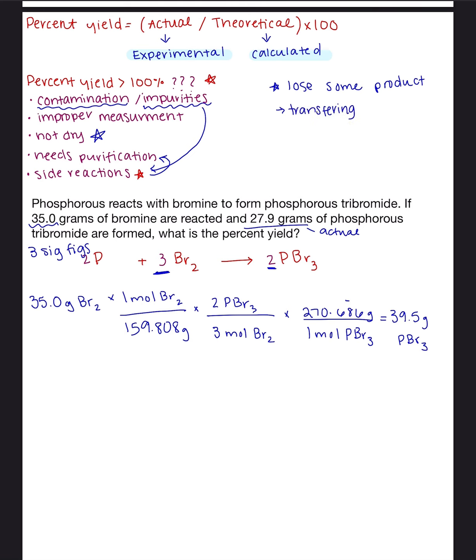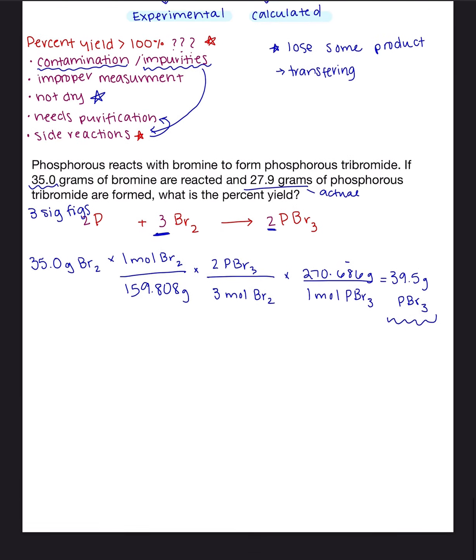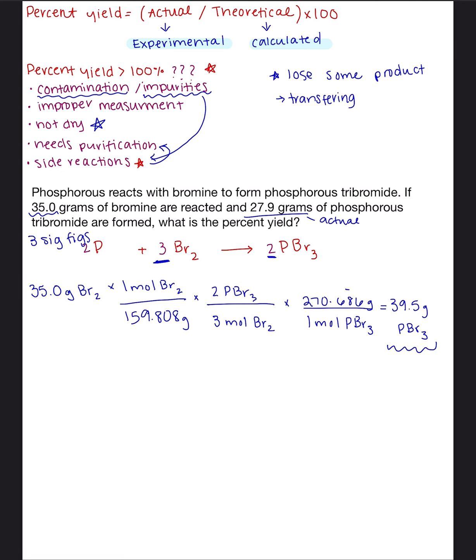If you're transferring from a beaker to a test tube or anything really, you're going to lose product on the sidewalls. It's going to happen, or you're not going to pick it up all the way, or it's going to get dissolved. So realistically, you really won't get the 39.5, or you'll get pretty close. You could get like 38. I'm not saying that you're never going to get the theoretical yield amount, but it most likely isn't going to happen. You're going to lose some product.